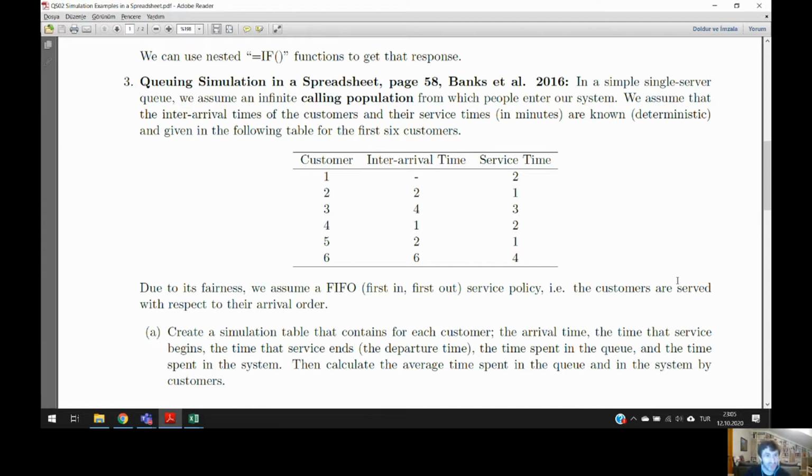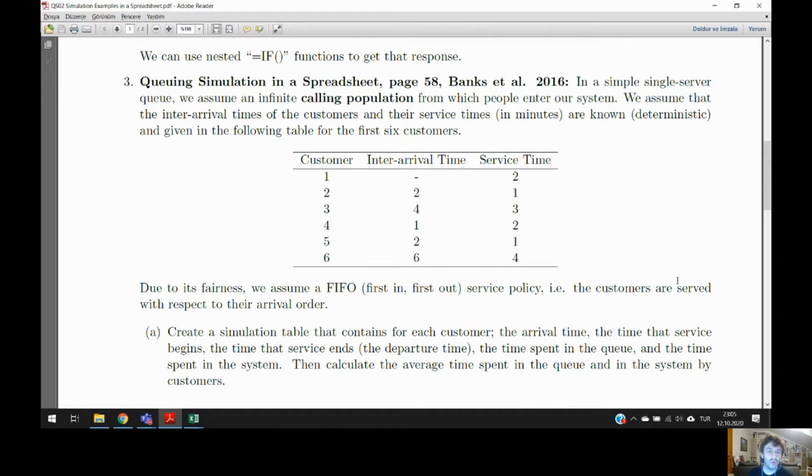And we are assuming an infinite calling population, which means outside the system, there are infinitely many candidates that can enter the system. So even in the hairdresser shop, if we have thousands or millions of people inside it, there are still too many people outside compared to the number of people inside.